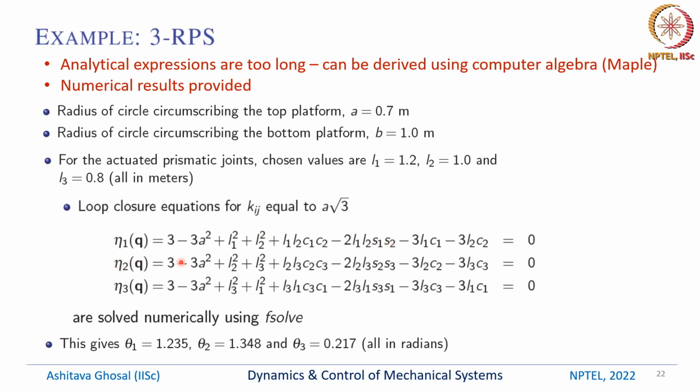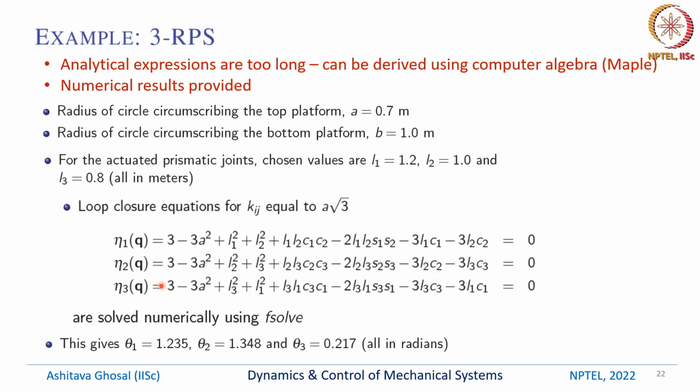The second equation, which was between the spherical joints 2 and 3, will contain L2, L3, theta 2 and theta 3, and it looks very similar. It is 3 minus 3a square plus L2 square plus L3 square plus L2 L3 C2 C3 minus 2 L2 L3 S2 S3 minus 3 L2 C2 minus 3 L3 C3 equal to 0.